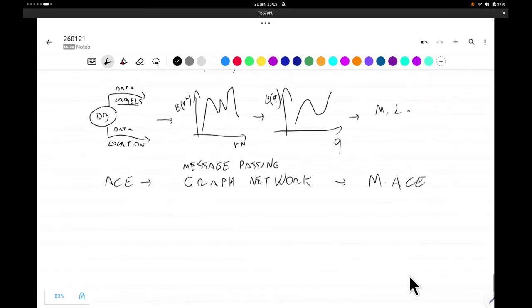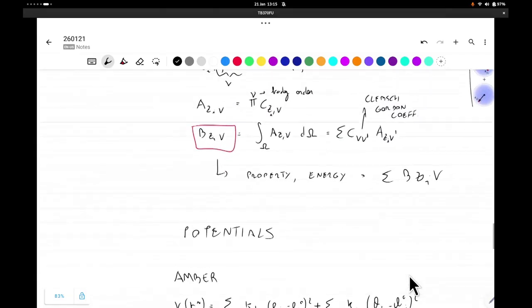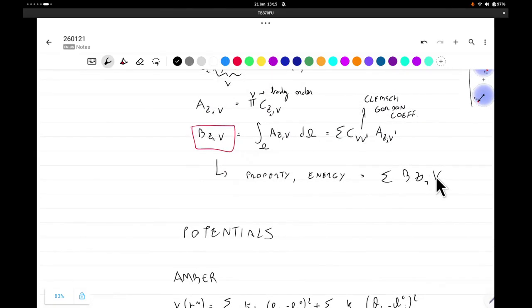So the idea is that this descriptor here, instead of being used for a linear regression, would go as initial representation in a graph network, and then we have this convolutional graph network machinery that constructs more complex representations. And then you say, so you trade a linear regression for a graph network? Yes, because you can use much lower order in the n-body expansion.